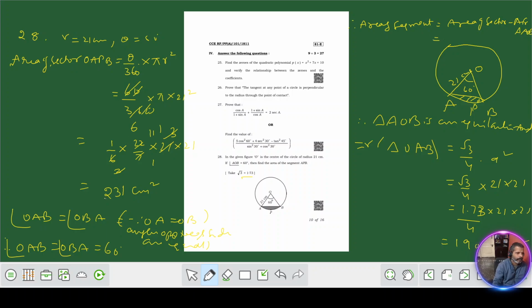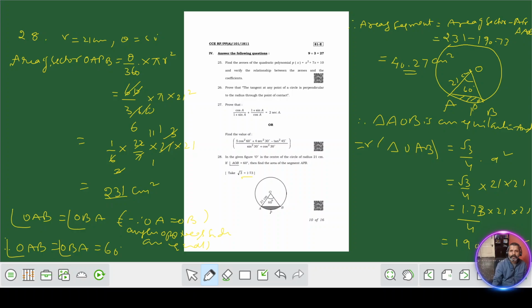Area of sector we got 231. 231 minus 190.73. Upon subtraction, what's the value you get? You get 40.27 centimeter square. It's very simple.